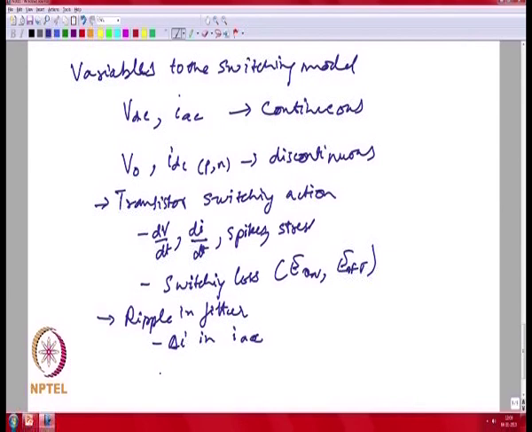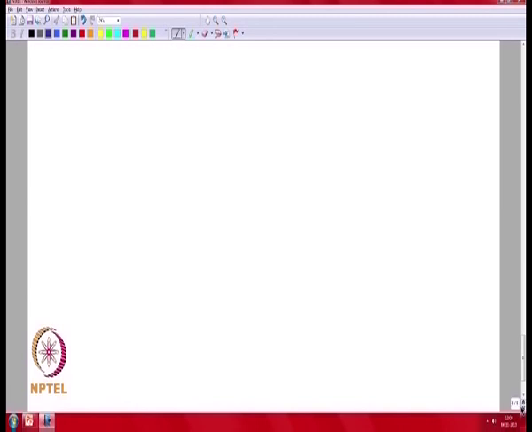We also saw that we could calculate ripple IRMS current in CDC. So such factors can be calculated from the switching model of the inverter. Okay. You might also be interested in, say, the PWM spectrum calculation.